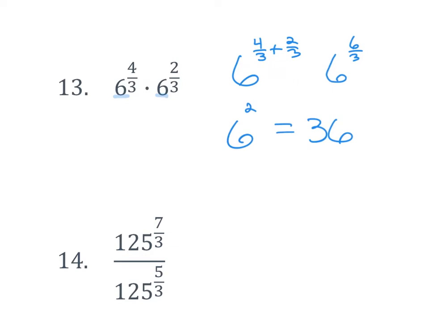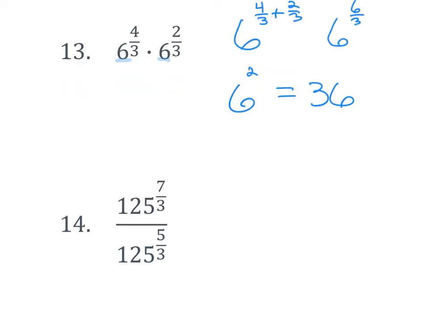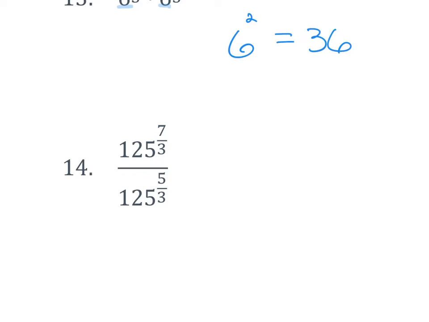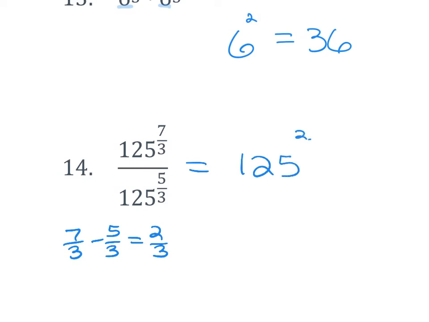So remember, when you multiply, you add the exponents. When we divide, we will subtract the exponents. So this one will become 7/3 minus 5/3, and I'll get 2/3. So this will turn into 125 to the 2/3 power.